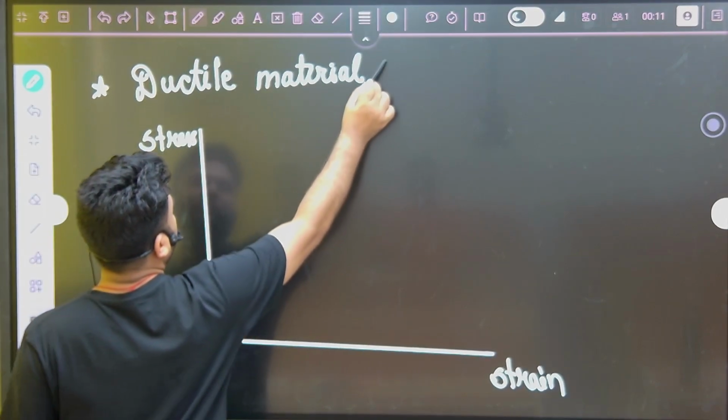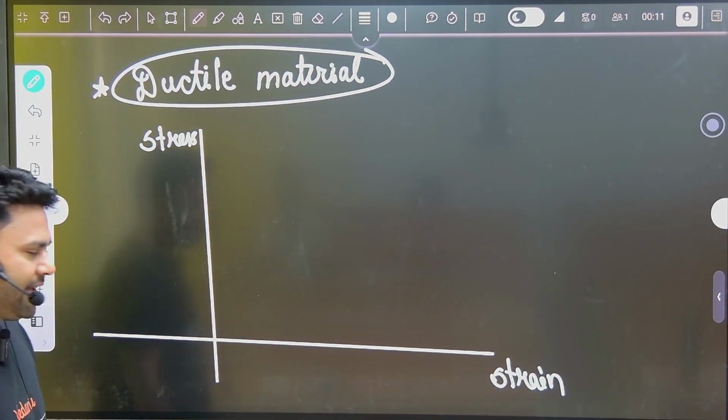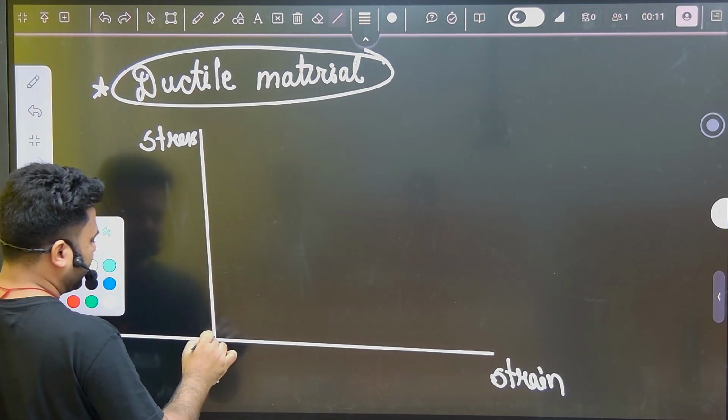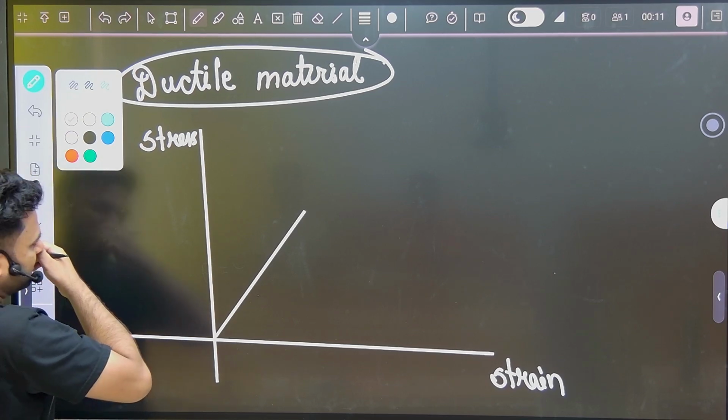And they did the experiment with ductile material. Remember. Now how does the graph look? See the graph. Since stress is directly proportional to strain, the graph will be a straight line up to some point.